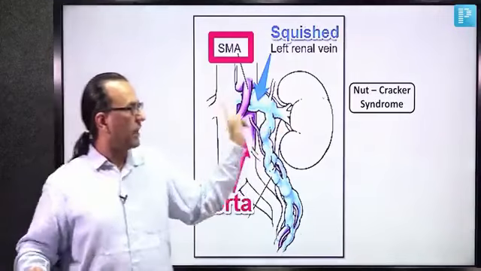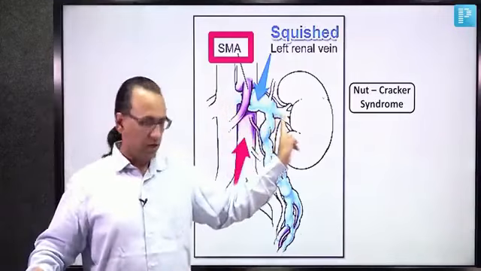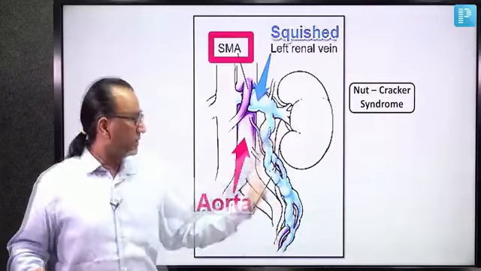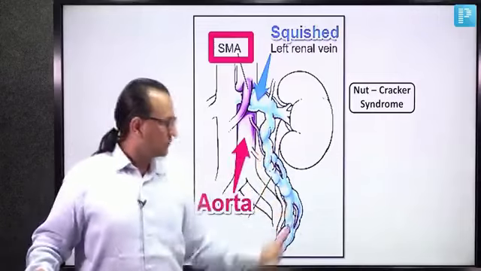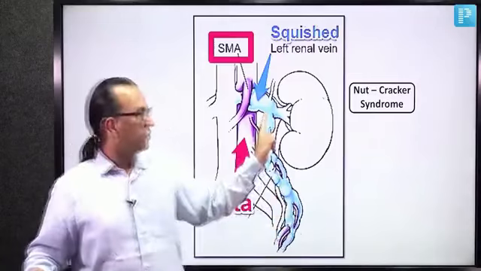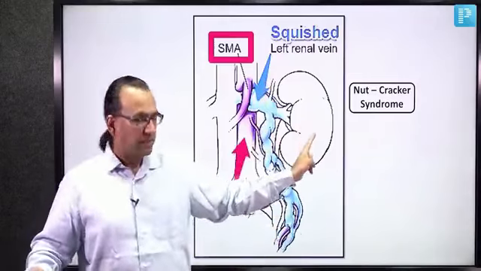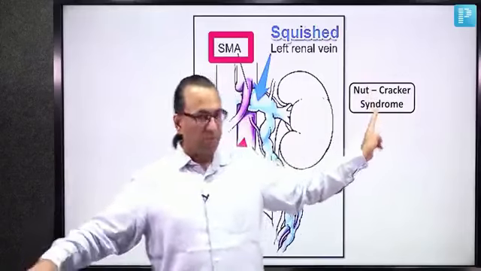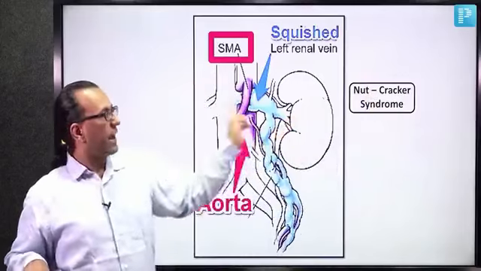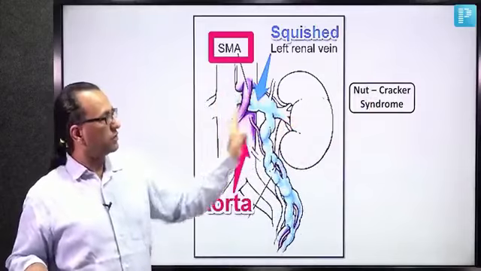Because of that, there is dilated, elongated, tortuous vein, varicose veins, especially towards the gonadal veins. There is varicocele seen here, and also there will be back pressure towards the adrenal gland and towards the kidney. This is called nutcracker syndrome, compression of the left renal vein running anterior to the abdominal aorta and posterior to the superior mesenteric artery.